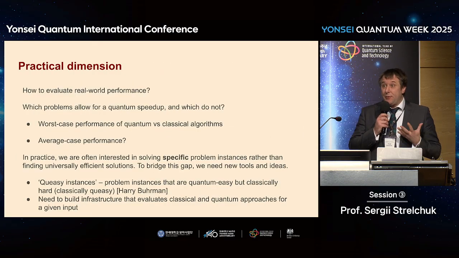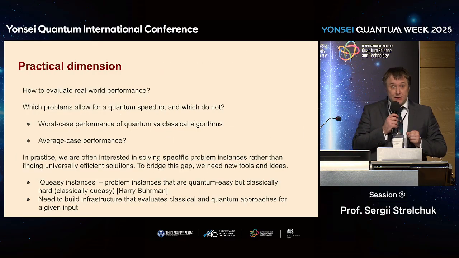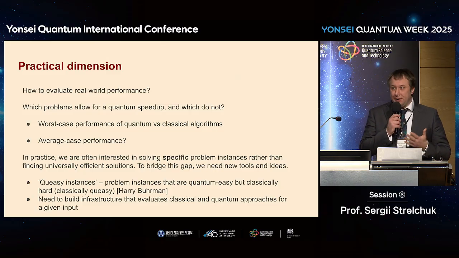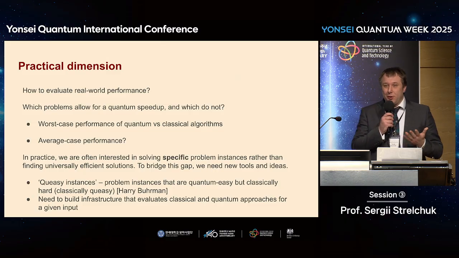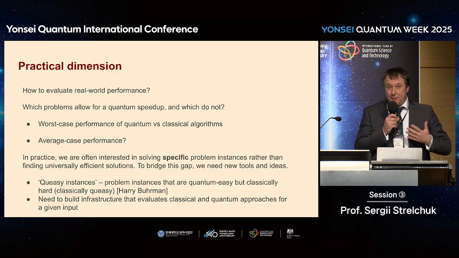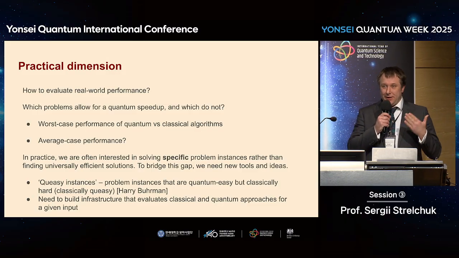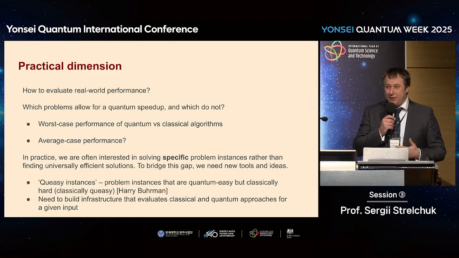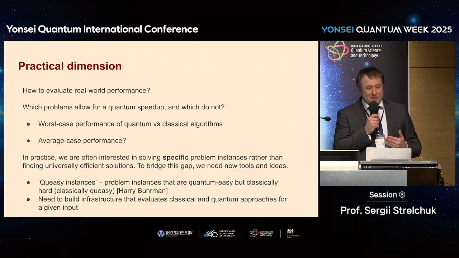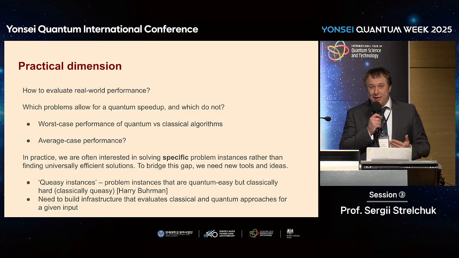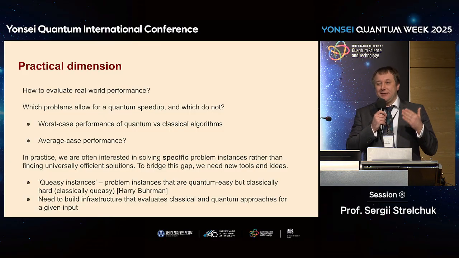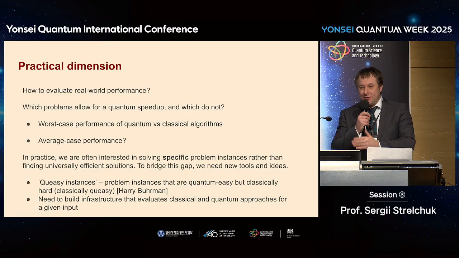There's also a practical dimension to this research. Often we're asking, how do we evaluate real-world performance of our algorithms? If you are in theoretical computer science, you think, well, we have runtime guarantees. We have worst-case performance, but worst case is perhaps not too useful, because it just shows that there is an input to a problem which will force the algorithm to perform this many steps to get to the answer.